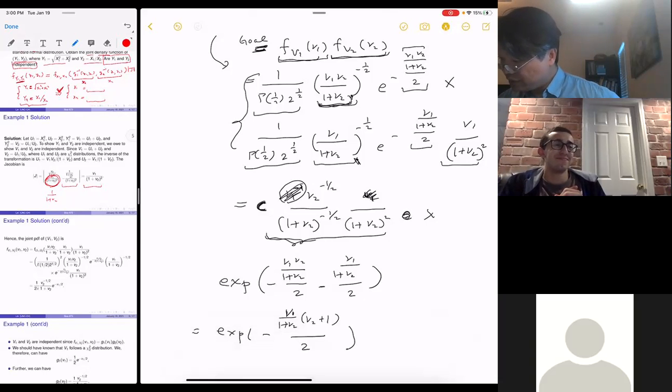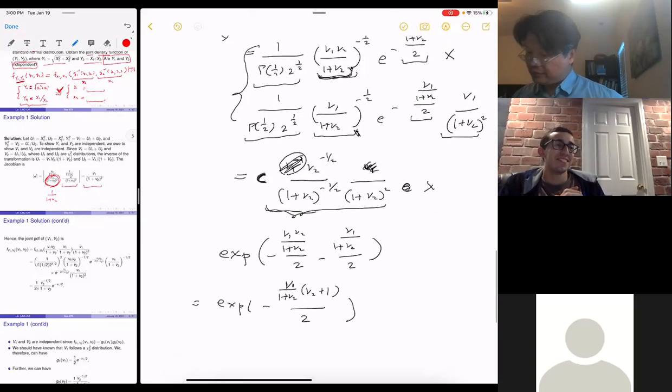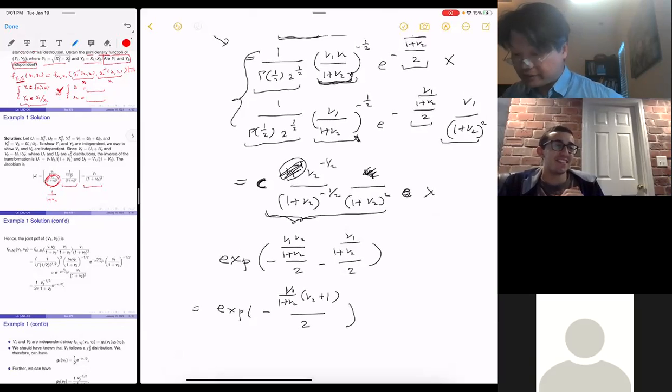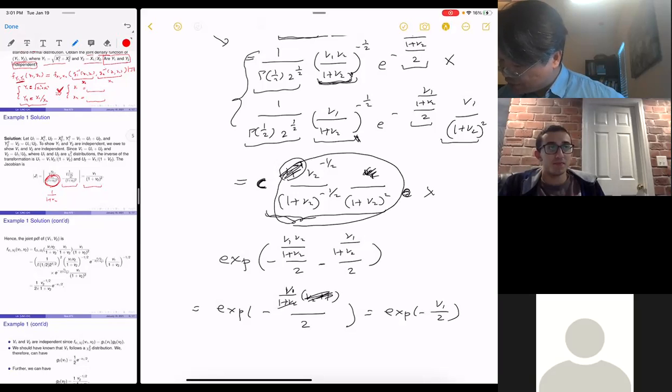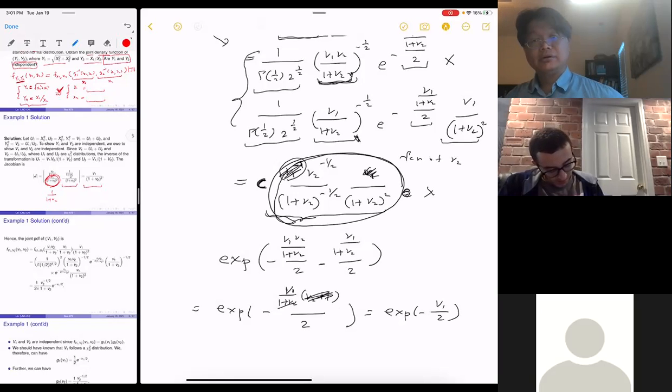Got it? Still with me? Hopefully. And then good thing happens again. 3 o'clock already. Give me some minutes. I want to finish this. Okay, so cancel out. This guy eventually only becomes exponential minus V1 over 2. Okay, so that means you actually reach your goal, because the first part, by simplified equation, this guy is only a function of V2.